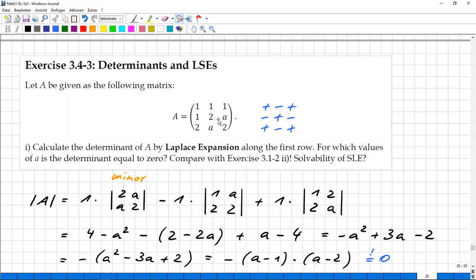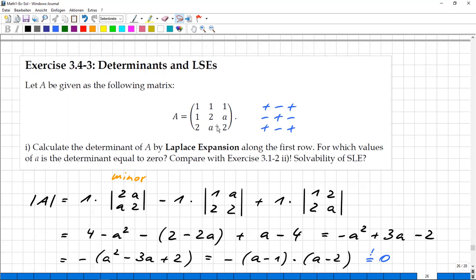That was interesting. We had 2 special cases there, and we had to be very careful not to overlook one of these special cases. And now it turns out, had we known at that time how to calculate the determinant, which we didn't know officially at that time, but had we calculated the determinant and just looked up all the values of a where the determinant gets 0, we would at once have had all the special cases we have to take care of.